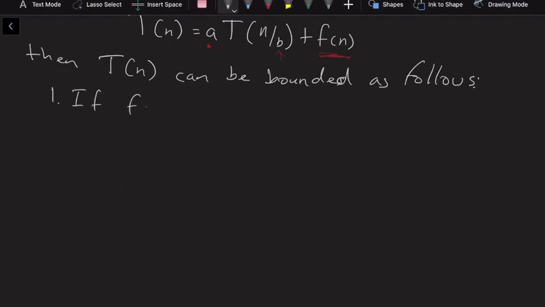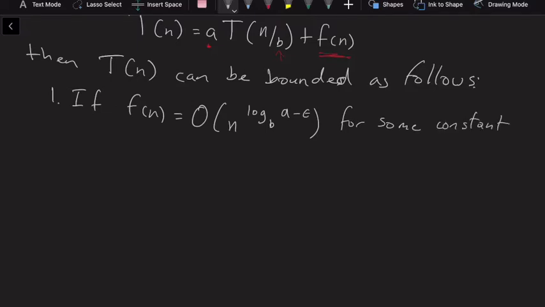If f of n is big O of n to the log base b of a minus some epsilon, for some constant epsilon greater than 0, then T of n is going to be theta of n to the log base b of a.